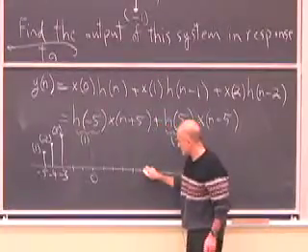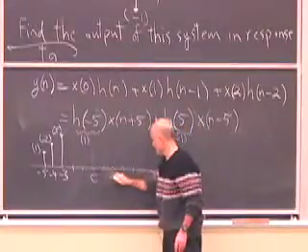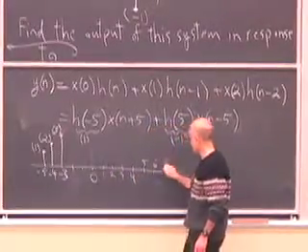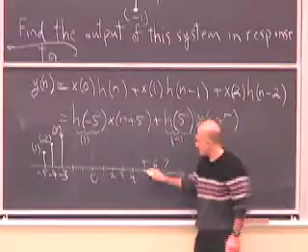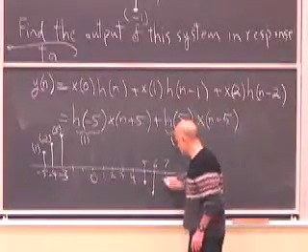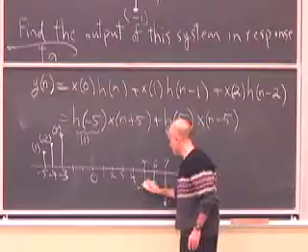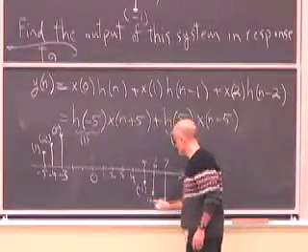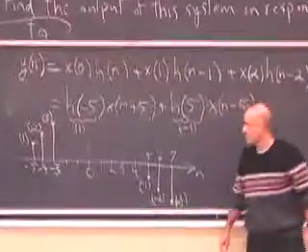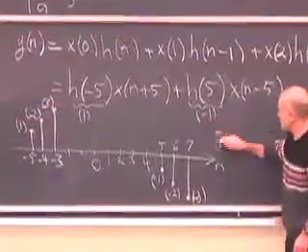Okay, so this is 5, I believe. Let's see, 1, 2, 3, 4, 5, 6, 7. Negative 1, negative 2, and then negative 3. And the rest of the values are 0. Okay, so this is the output.